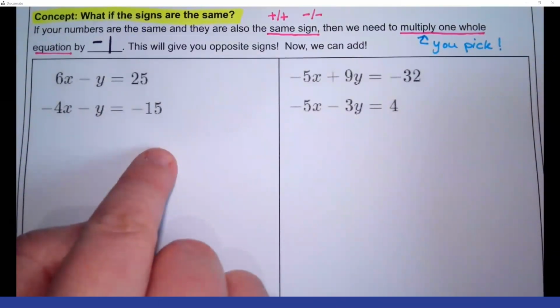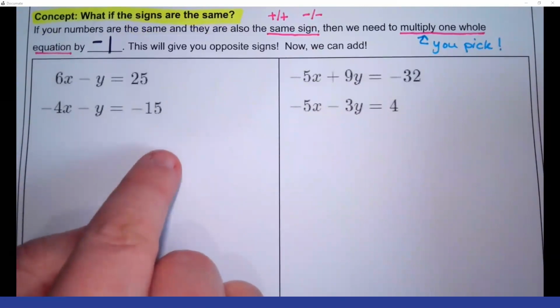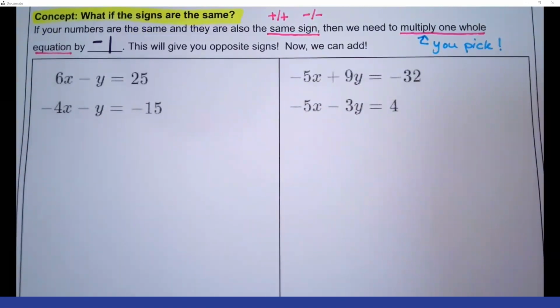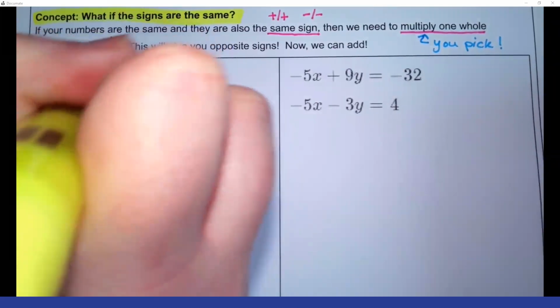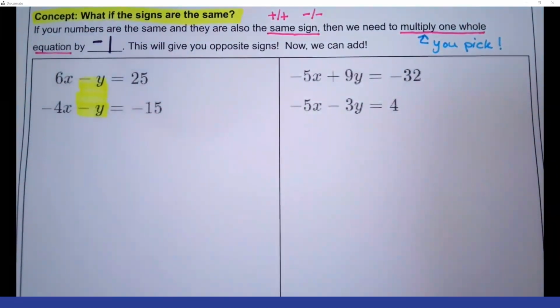All right, so this one here, we have 6x minus y is equal to 25, and negative 4x minus y is equal to negative 15. So as you can see here, my y's are the same number, but they are both negative. So we need to multiply one of these equations by negative 1.